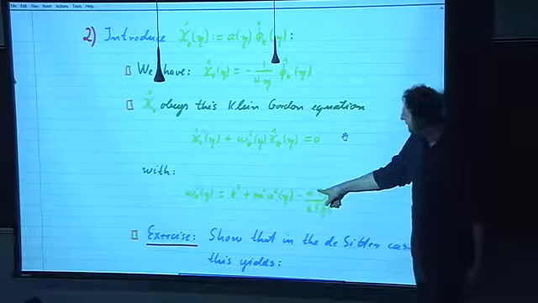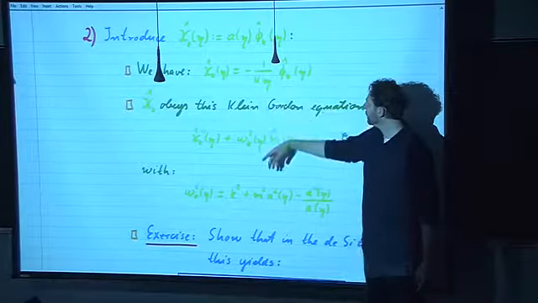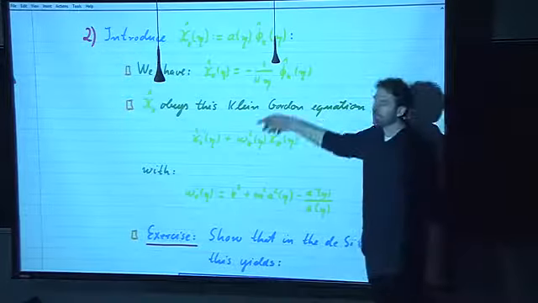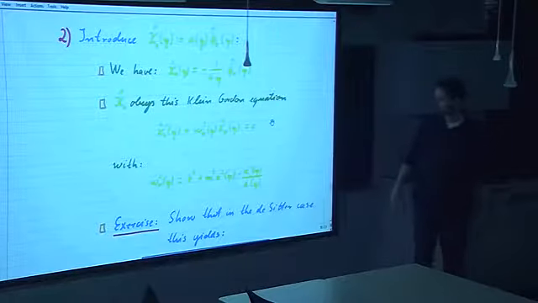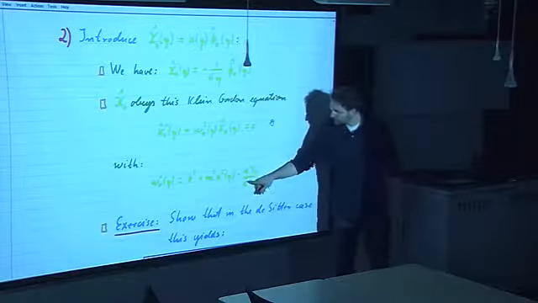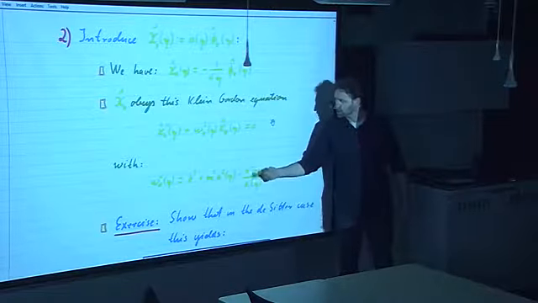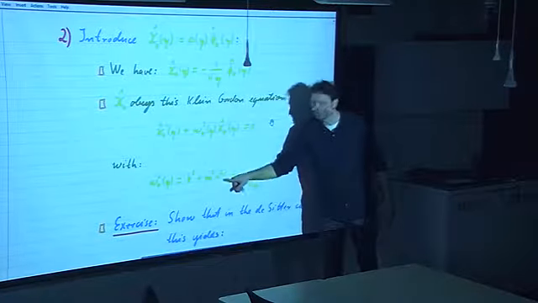And we can also calculate the second derivative of the scale factor. And what is the second derivative of the scale factor? Well, the scale factor goes like 1 over eta. So the second derivative goes like 1 over eta to the third. But we divide by a, which is going like 1 over eta. So overall, we expect something that goes like 1 over eta squared. Which is interesting because that also goes like 1 over eta squared, right?